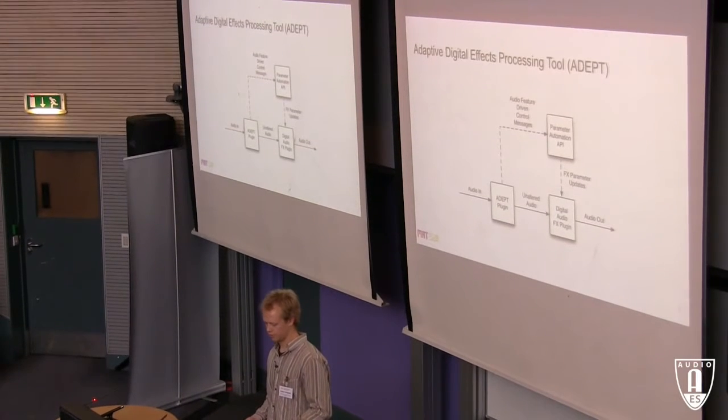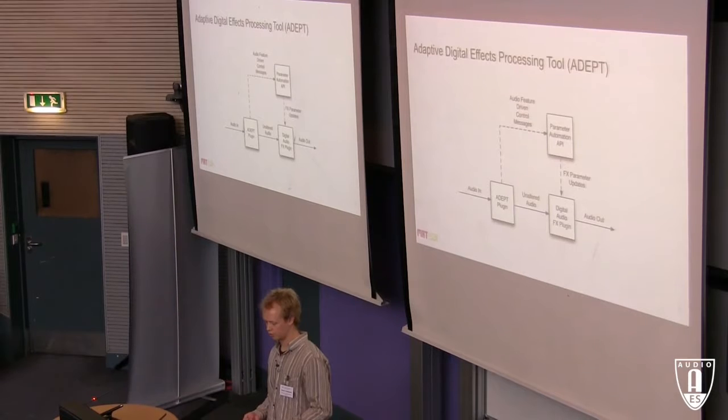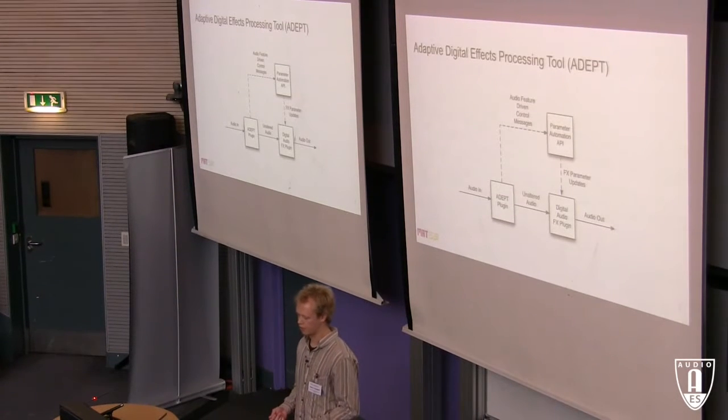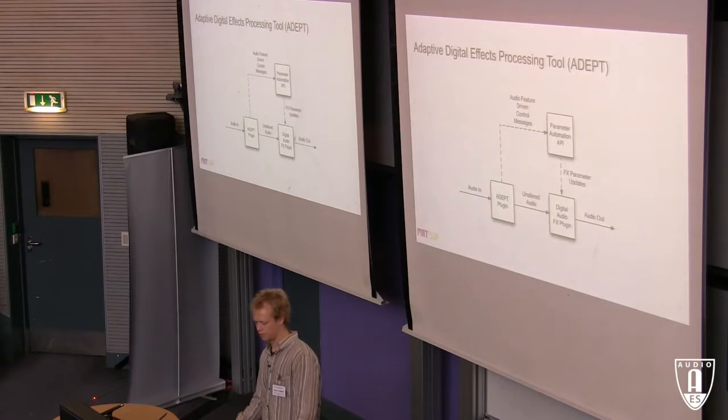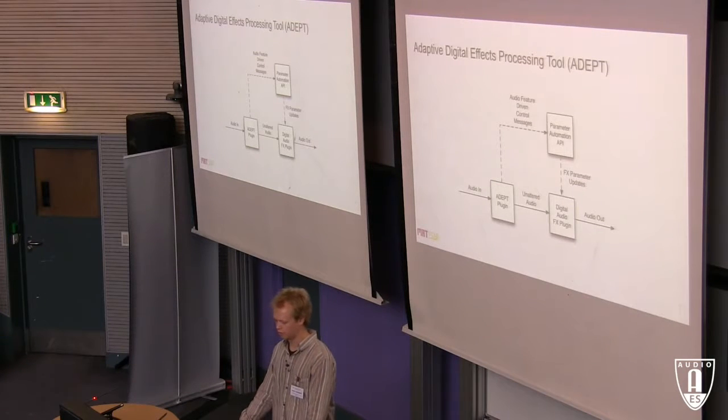And in this example, there's this clear relationship between the content of the sound and the desired behavior of the effect. The signal-dependent behavior can be achieved by defining a control mapping from the relevant audio characteristics to the relevant effect parameters. So this work introduces an audio plugin designed to facilitate these control mappings in the DAW environment.